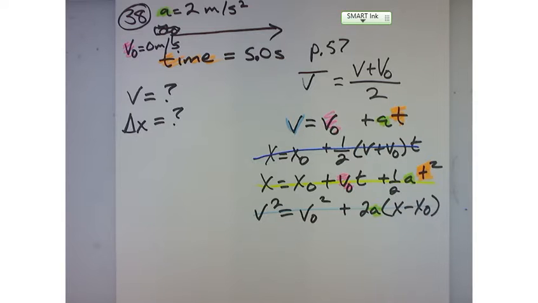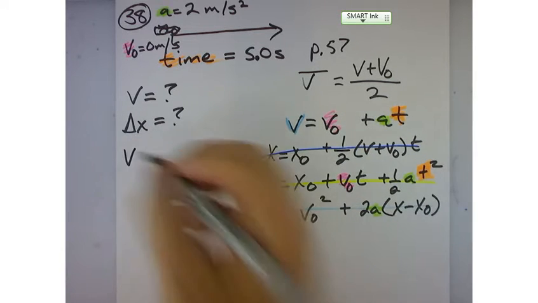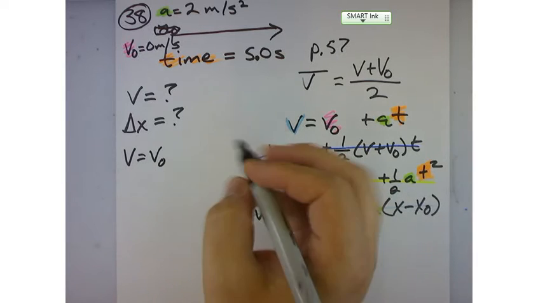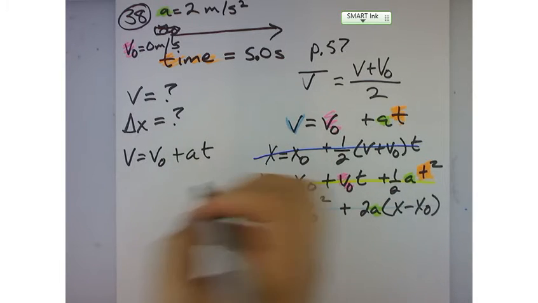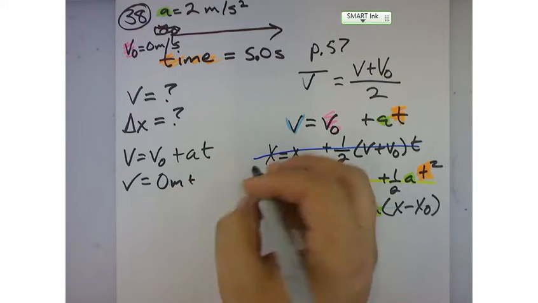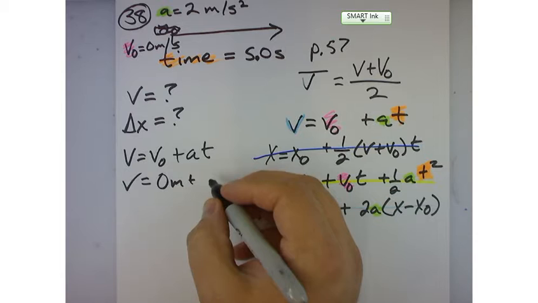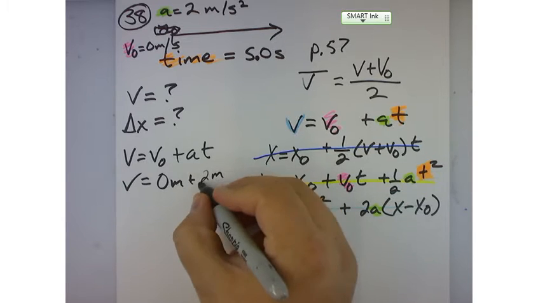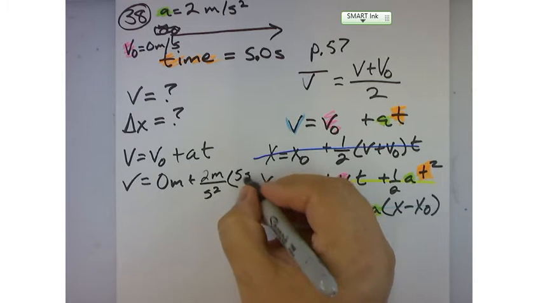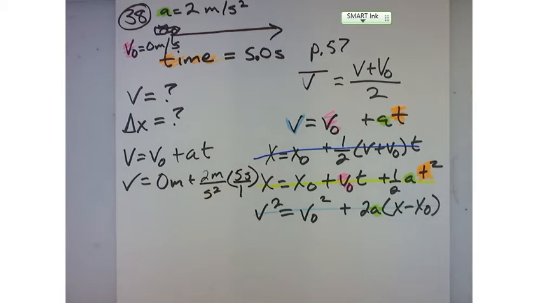So what I'm going to do is just plug in the values. So I'm going to say that the final velocity is equal to the initial velocity plus the acceleration times time. Well, the initial velocity is 0 meters per second, plus the acceleration times time, which is going to be 2 meters per second squared, times the time, which is 5 seconds, and it's really 5/1 seconds.